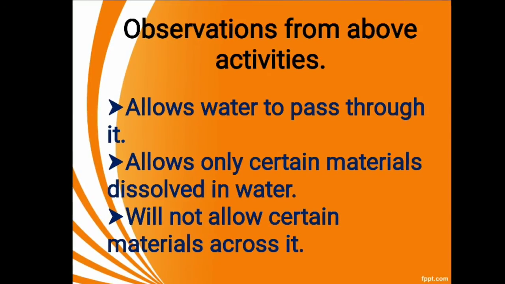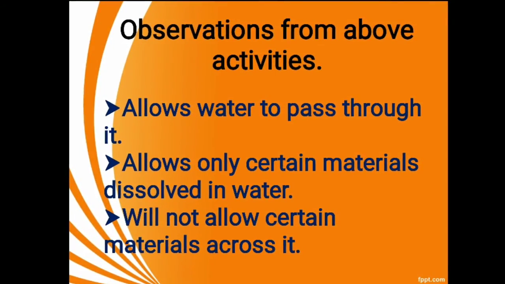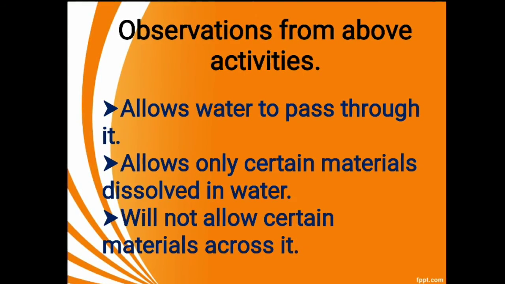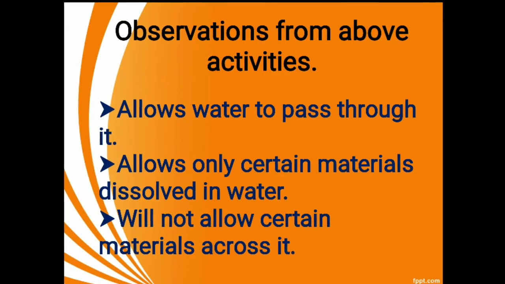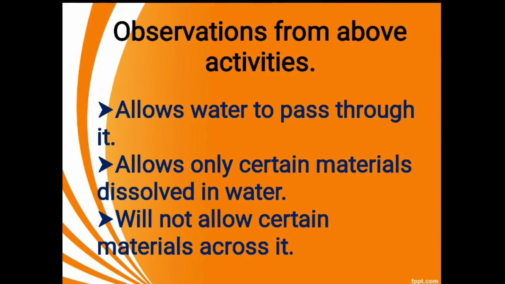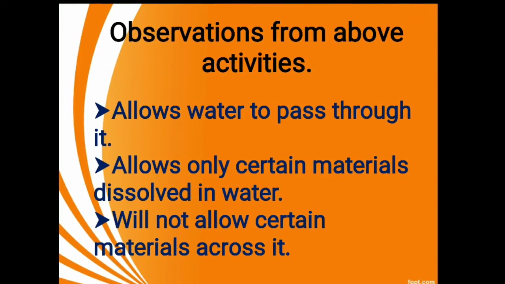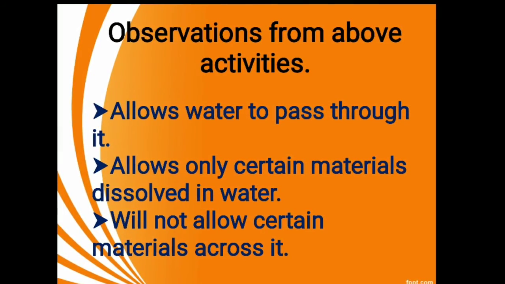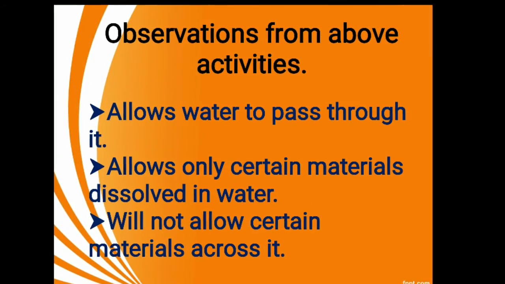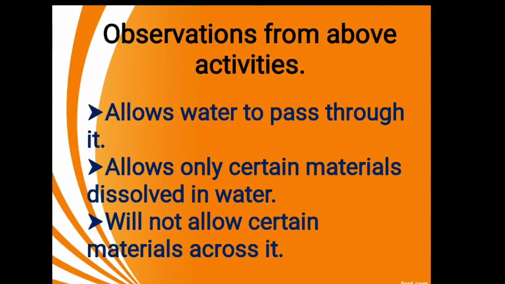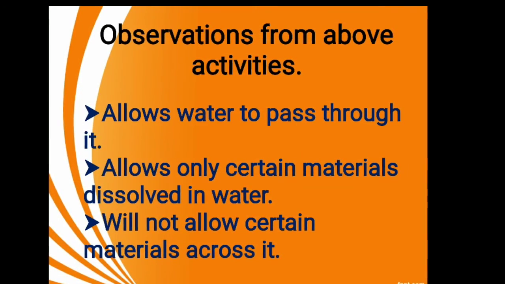So children, from the above activities, what we can observe is that the membrane which is present around the cell allows only water molecules to pass through it. Not only that, it also allows only certain materials which are dissolved in the water, and whatever materials are not required for the cell are not allowed to pass through it.